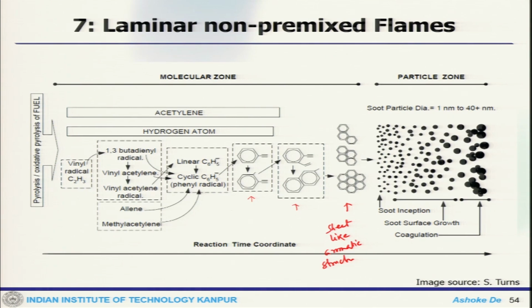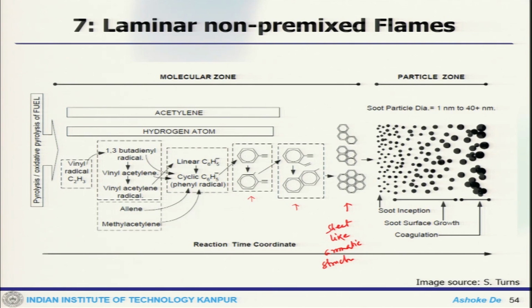Now, once you get the larger size particles, at this stage these particles may coagulate with each other. If they stick to each other, then you can see a chunk of particles, and there would be some agglomeration of these particles.